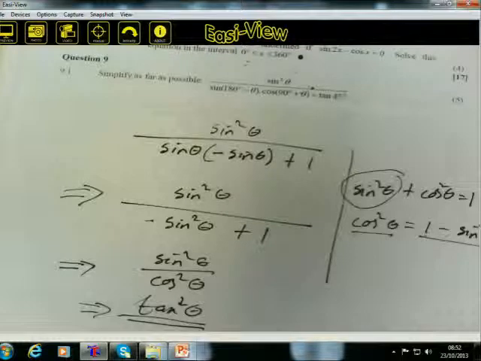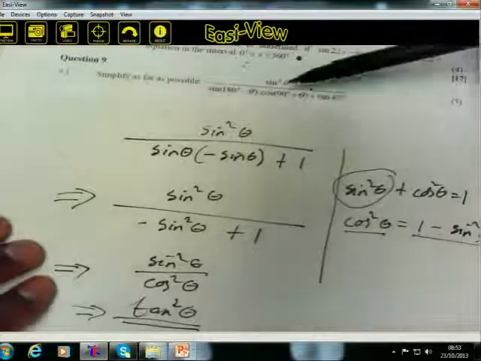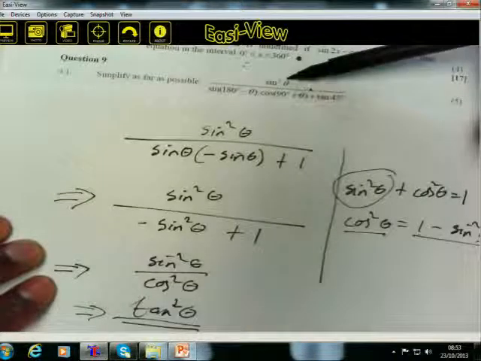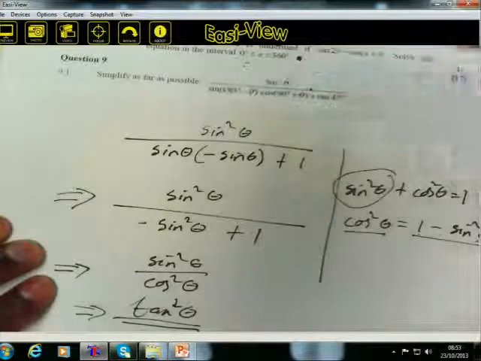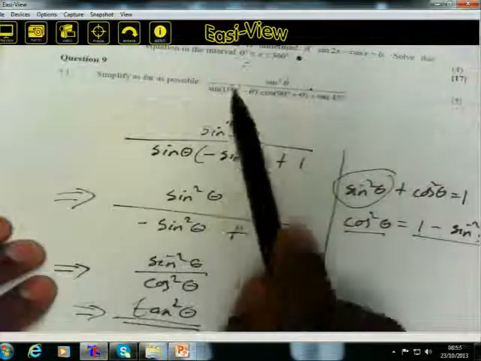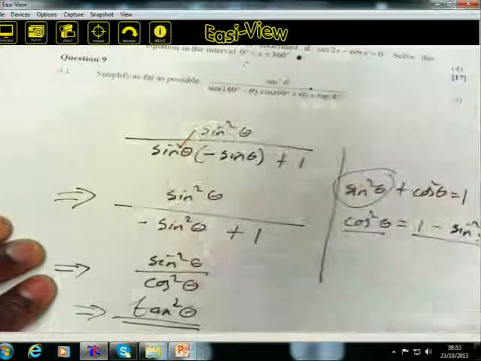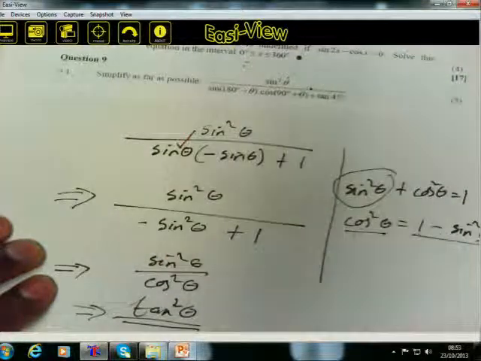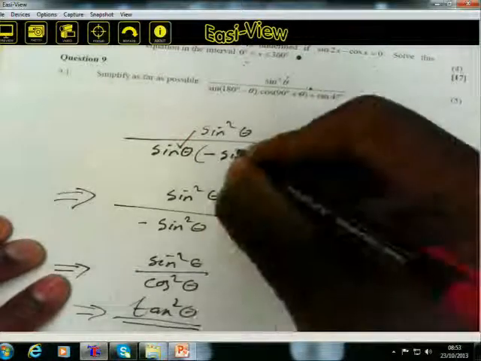Maybe for the next minute or so, let me try and show you how marks are distributed. Remember, initially the question was to simplify as far as possible. We had to reduce 180 degrees minus theta, and when you reduce with the correct reduction, you get a mark for that. The cos of 90 degrees plus theta, if you reduce it correctly, you'll also be allocated a mark.